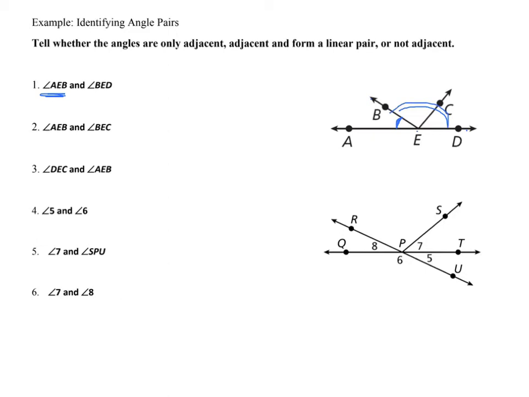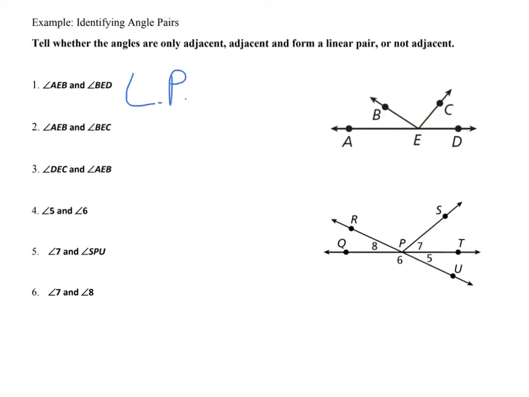When we look at these, we see that the shared ray is EB, and the non-shared rays are AE and ED, which are opposite rays. So this is a linear pair. Which, by the way, if you use LP, that's fine. I'll understand that that means linear pair.